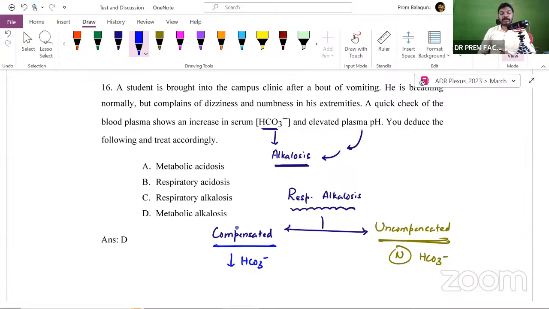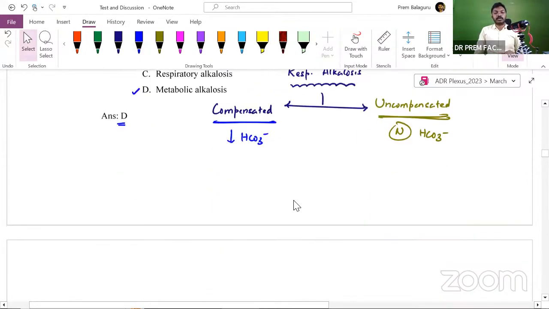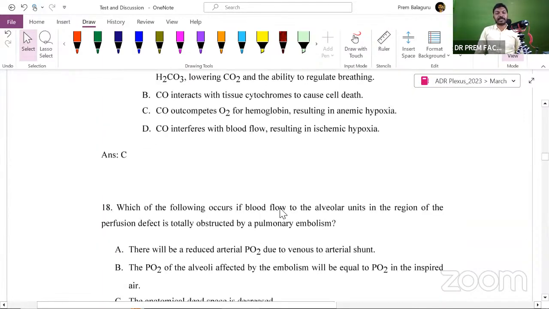This patient has an elevated bicarbonate level. Definitely it is not a respiratory alkalosis, and the answer is metabolic alkalosis. So that is option D, doctors. Please remember, how you differentiate this from respiratory alkalosis is the gist behind the question. I think you could understand what happens with the compensated and uncompensated states.